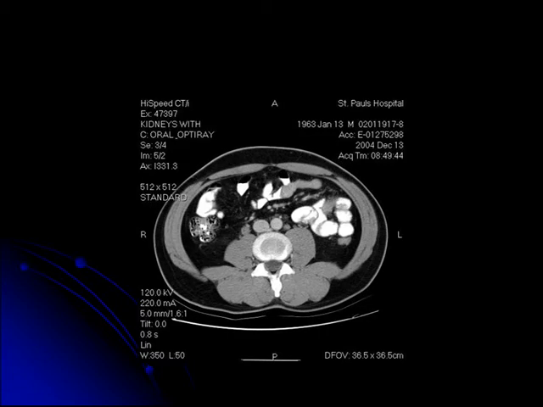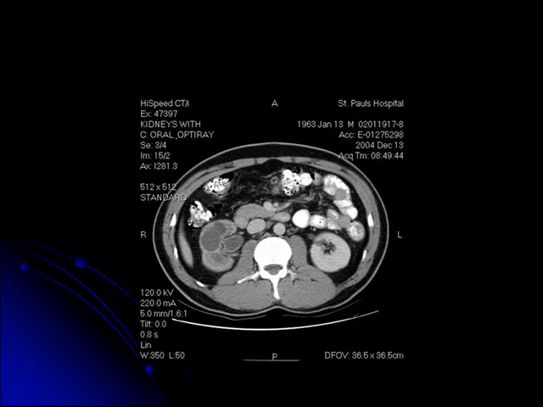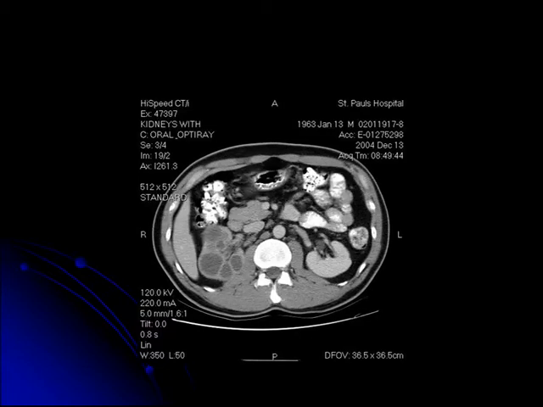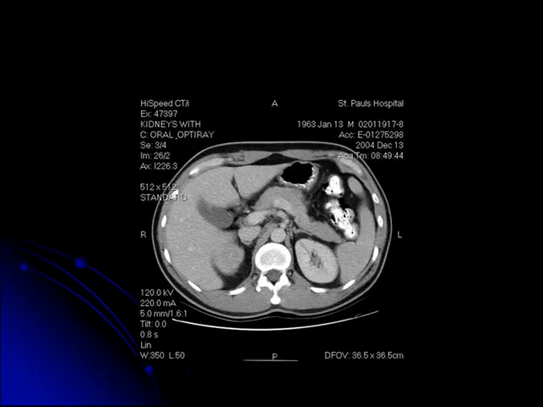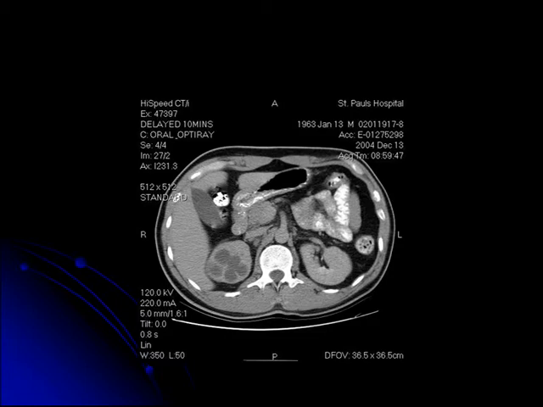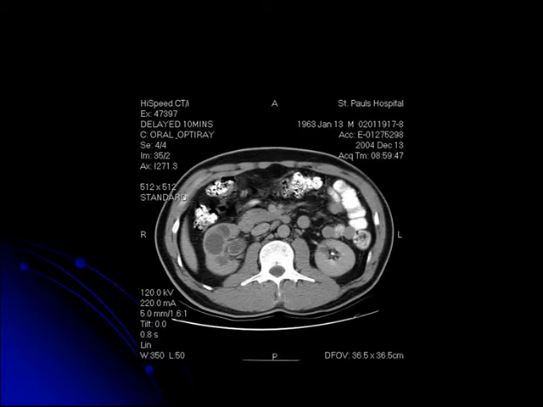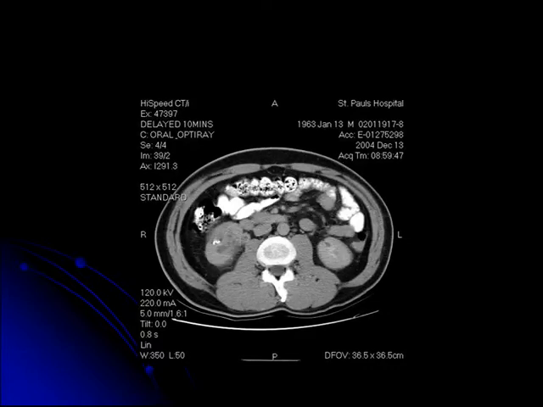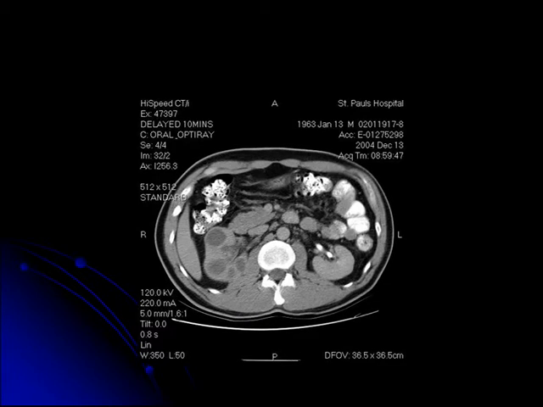This is every second cut, but this is post-treatment. And on the delayed film, there's not much excretion of contrast from that side. So this is where we're at with him now.